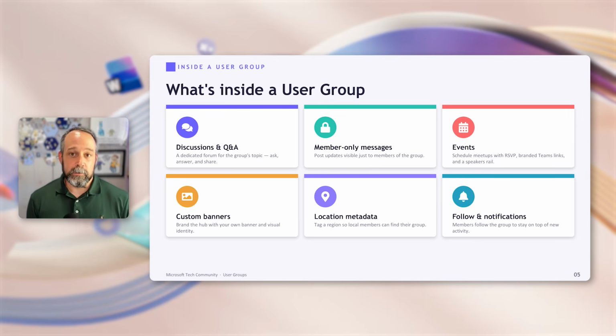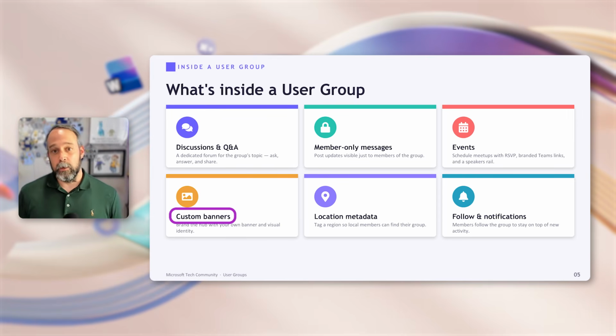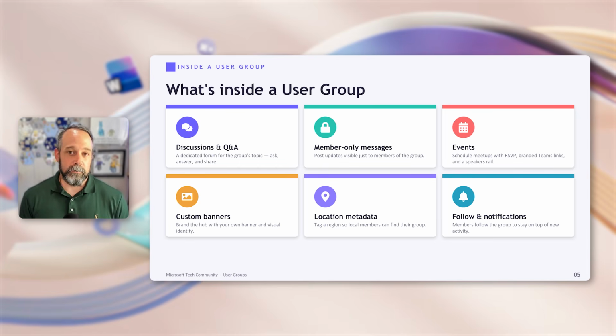User groups can also add custom branding through custom banners and location information, helping members quickly identify what communities are most relevant to them. And of course, members can follow groups and receive notifications about new discussions, blog posts, announcements, and events that your community is supporting.